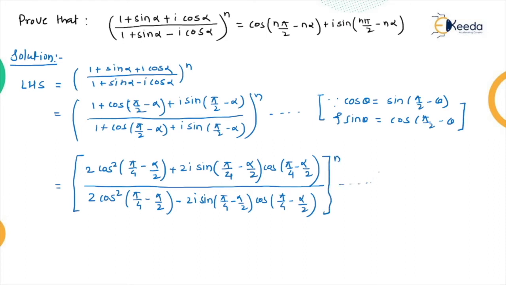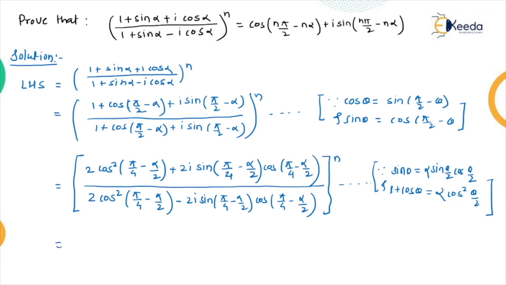Since we have used this formula: sin theta is 2 sin(theta/2) cos(theta/2), and 1 plus cos theta can be written as 2 cos squared of theta by 2. These are the half angle formulas we have to use here.